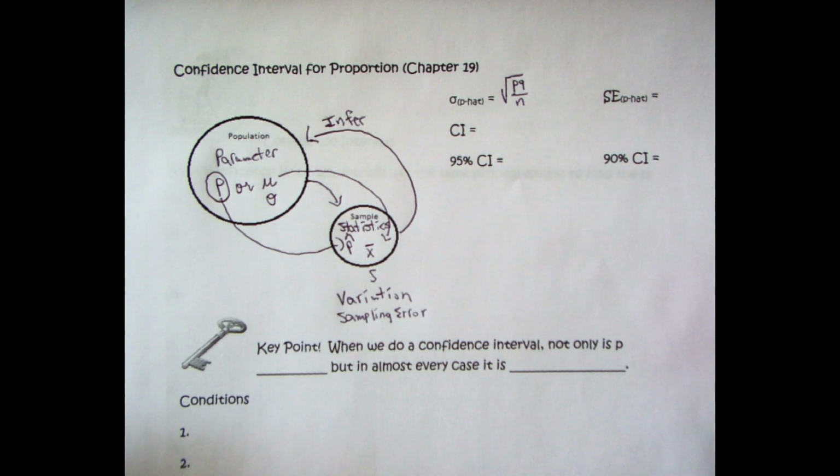However, we hardly ever will know what p and q are. We can hypothesize what we think p is, and we'll get into that in the next chapter, but that doesn't mean we know what p is. So we're generally going to be dealing with p hat and q hat.